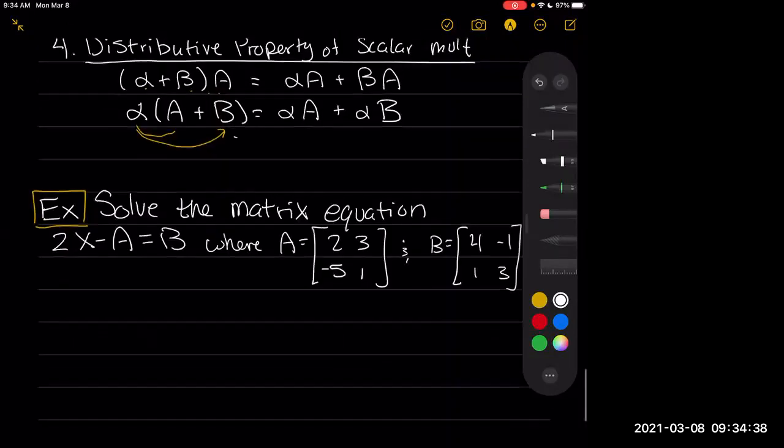So starting symbolically, if we have 2X minus A equals B, we can add the A to both sides.